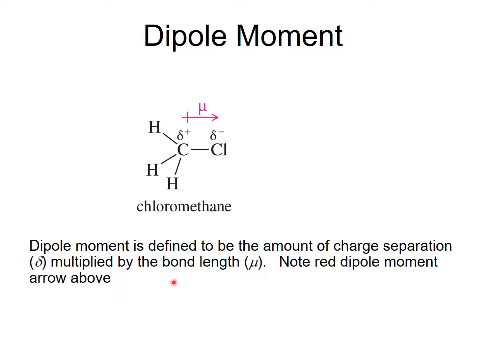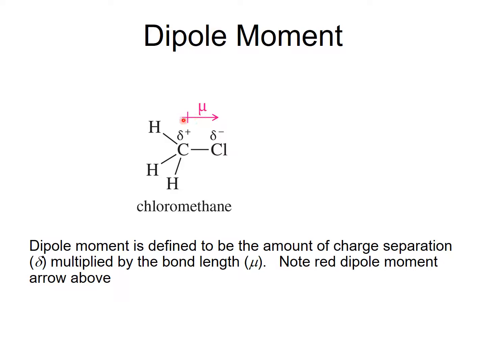Okay, so what about dipole moment? Dipole moment is defined as the amount of charge separation multiplied by the bond length. So in this bond, I've got a carbon-chlorine bond. Chlorine is more electronegative than carbon is. So I'm going to give a partial positive charge on the carbon, and a partial negative charge on the chlorine atom.